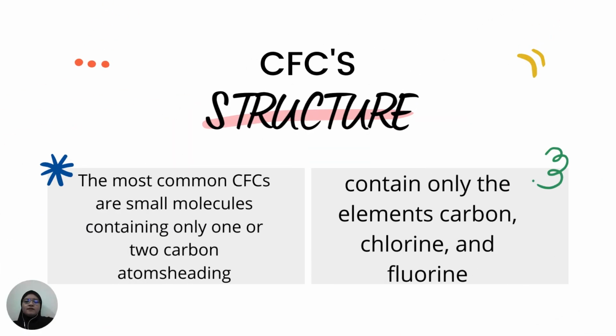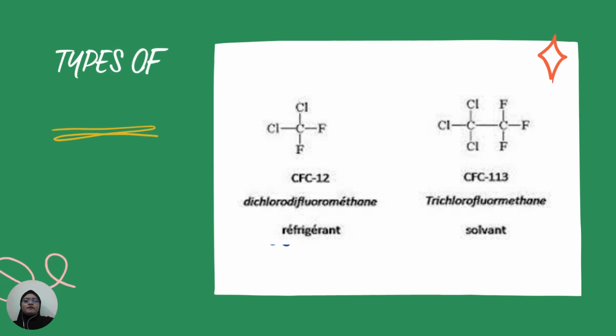So, about the CFC structure. The most common CFCs are small molecules containing only one or two carbon atoms. In the previous slide, we can see CFC12 only has one carbon atom, while CFC113 has two carbon atoms.